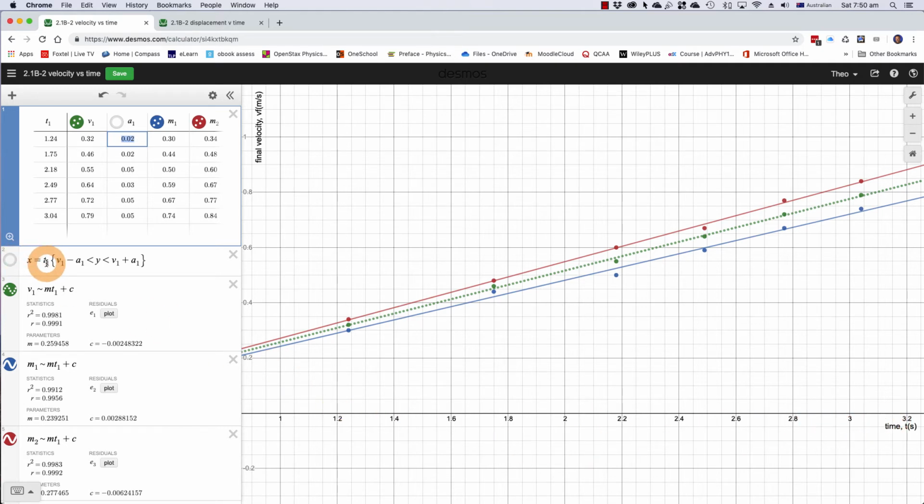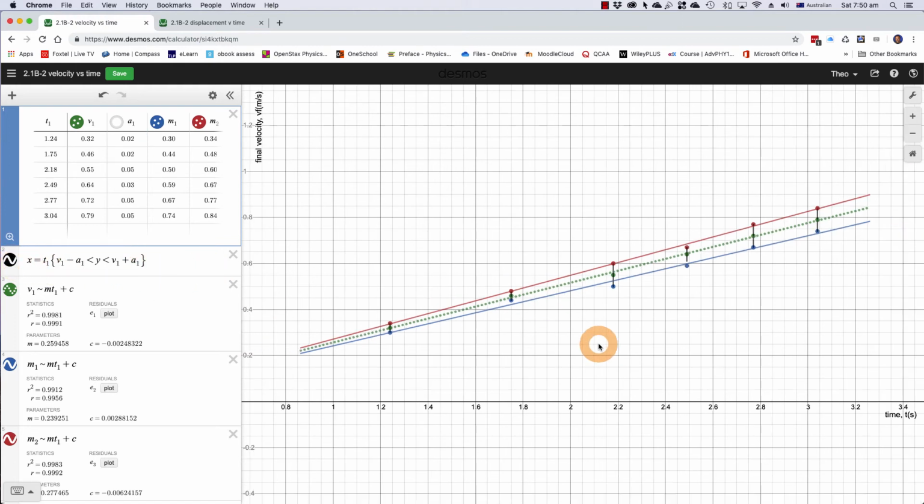This is my y values, and these are my values that have the absolute error either subtracted from them or added to them. And then once you check this, there are my error bars, my vertical error bars, and it gives you an idea of the two lines and how they're actually plotted with the line of best fit.